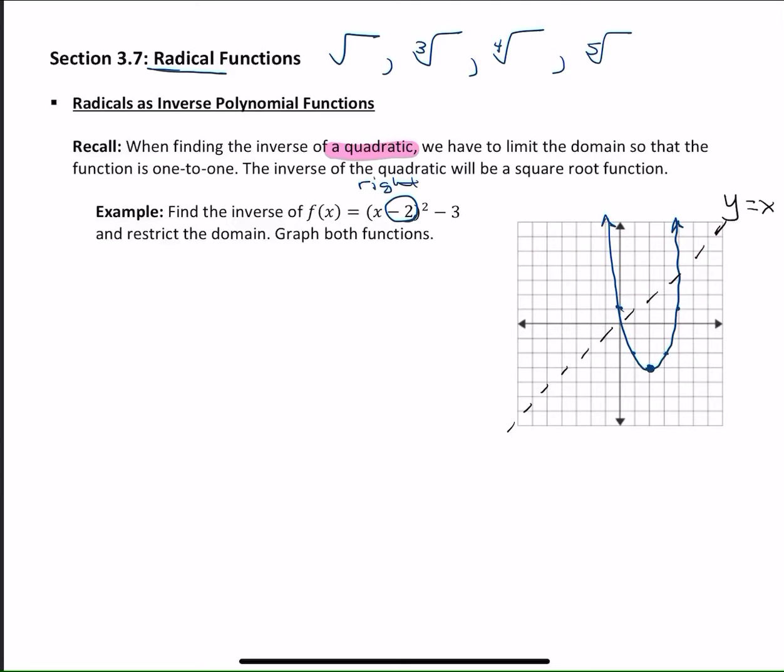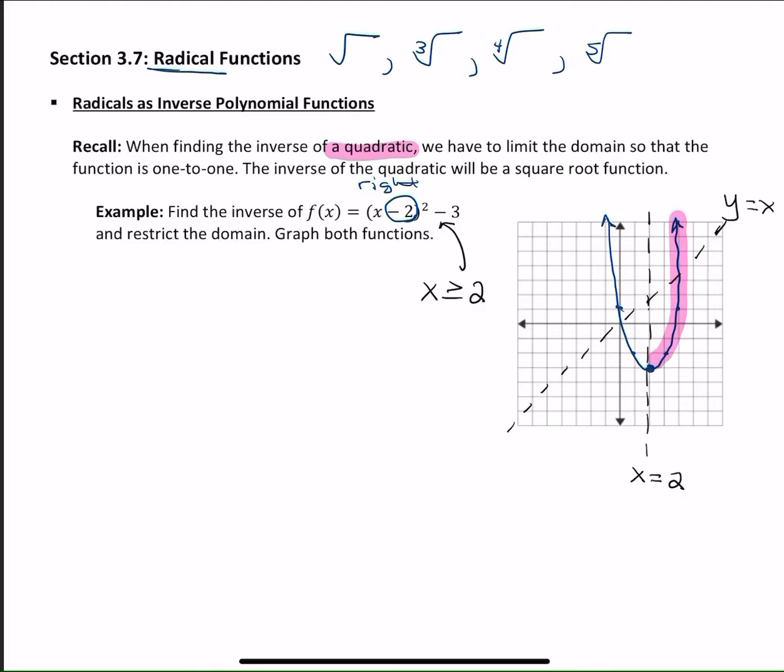So what we need to do is restrict it to half of the parabola. We can do the positive side or the negative side. I'm going to choose this side, which is going to split it right down the middle, the axis of symmetry at x equals 2. So we're going to restrict this domain to x is greater than or equal to 2, so that when we flip that, we still get a function.